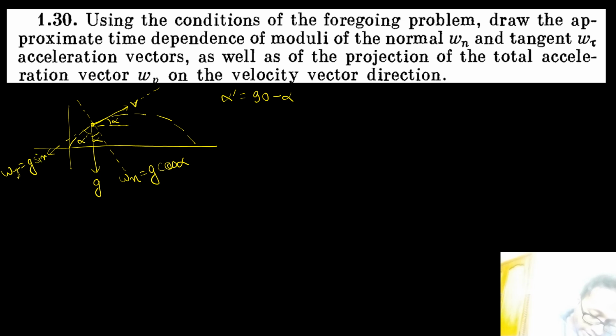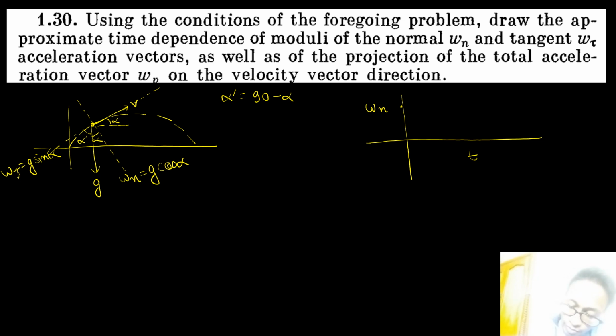and tangential acceleration would be g sin alpha. Now what I'm trying to do is plot the graph of tangential acceleration and normal acceleration with respect to time. So at time t equals 0, what's the normal acceleration? At time t equals 0, normal acceleration is nothing but g cos alpha. It would have some value at the peak point, that means somewhere in the middle, the value of alpha becomes 0 and cos of 0 is maximum.